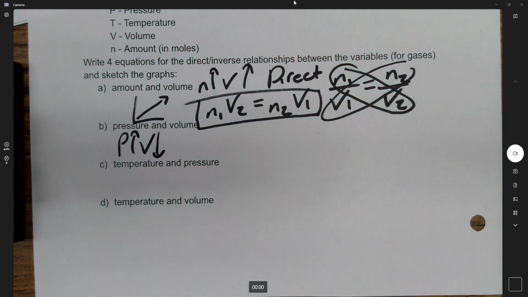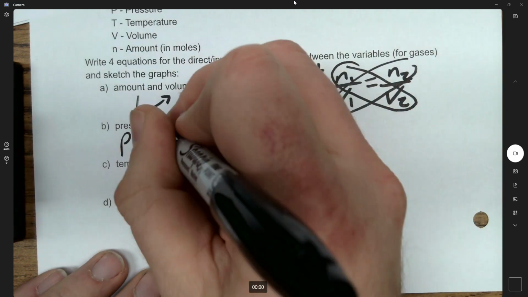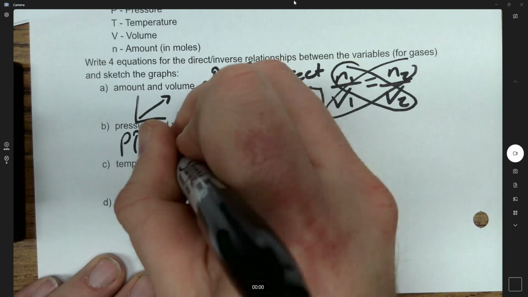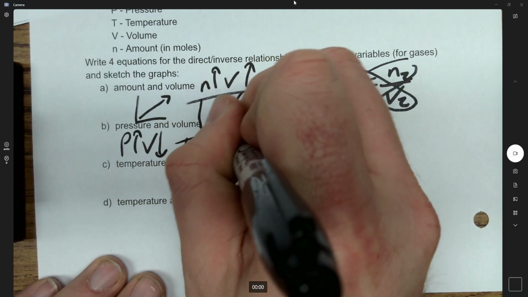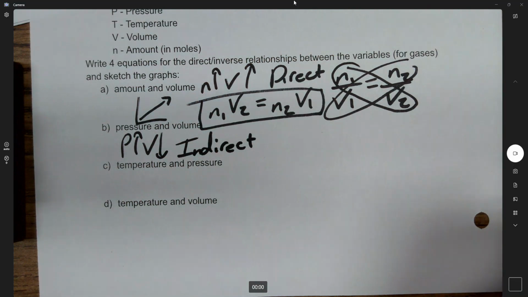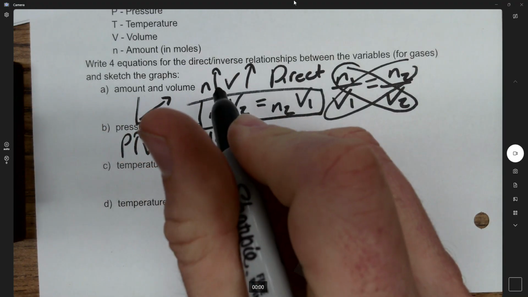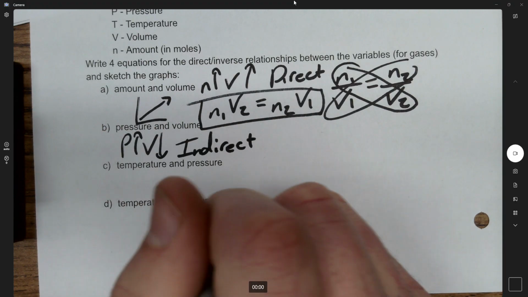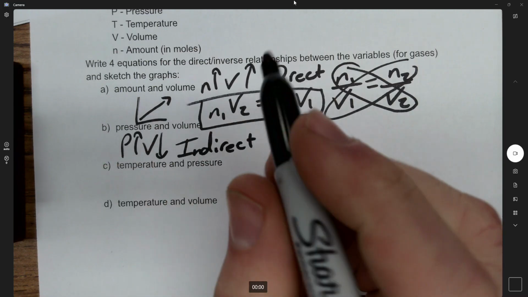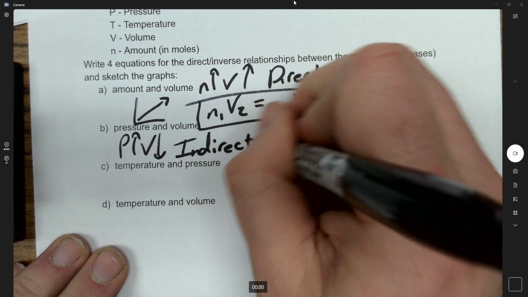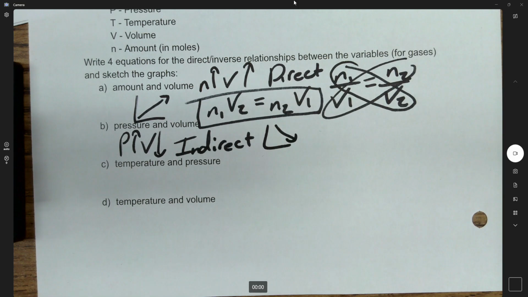My plunger went down, leaving my air molecules only a few places to hang out, pushing them together. This is an inverse relationship. As one goes up, the other goes down. As one goes down, the other goes up. So if I were to draw this, I would see a downward facing angle.